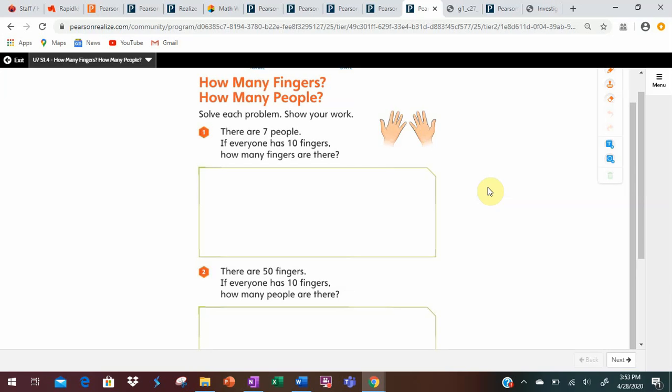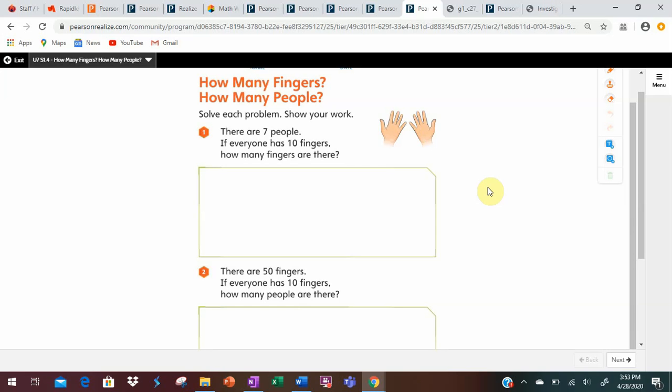There are 7 people. If everyone has 10 fingers, how many fingers are there? Now, number 2, let's look at that. This says there are 50 fingers.